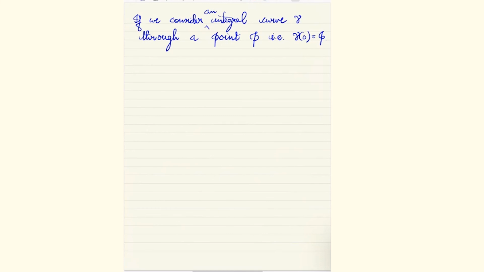In theory it could be any interval, but we fix a parameterization so that the interval contains 0. So a curve going through a point will always mean gamma of 0 is the given point.